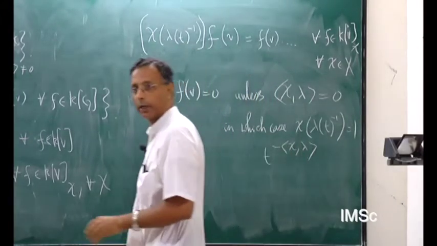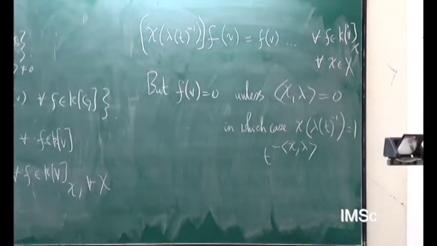Actually that pairing is bilinear, so you can pull the minus out. Chi comma minus lambda is minus chi comma lambda.